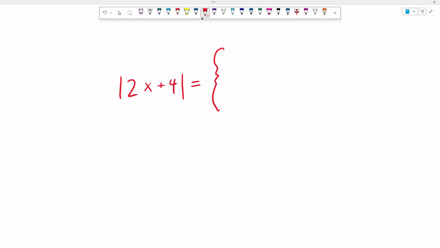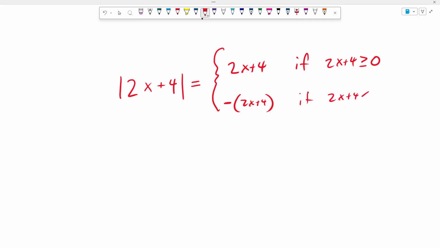So the absolute value of 2x plus 4 is going to be 2x plus 4 or negative 2x plus 4. So it's 2x plus 4 if 2x plus 4 is greater than or equal to 0, or negative 2x plus 4 if 2x plus 4 is less than 0.